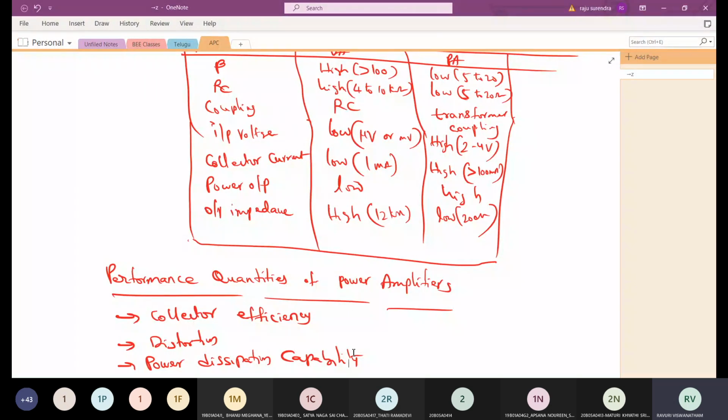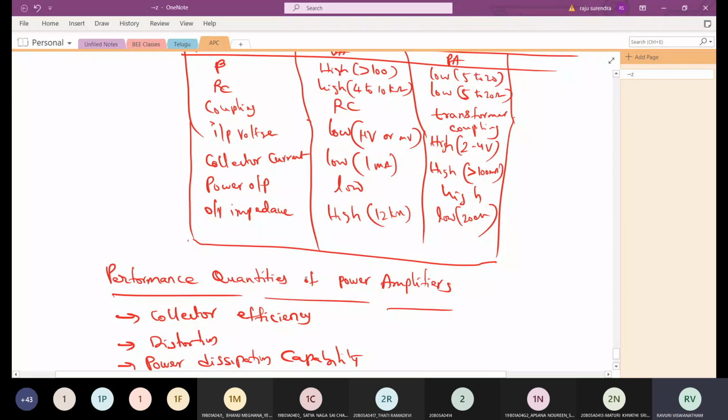This completely depends upon the collector efficiency. Simply said, it is the ratio of AC output power to zero signal power, which is from the power amplifier, known as collector efficiency.